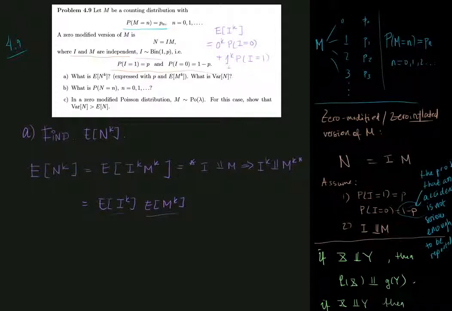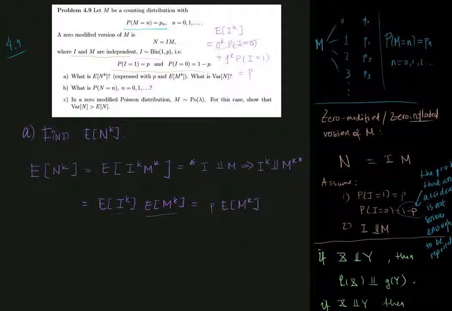It cannot take any other values, so we don't have to add any more terms to the sum. This is just 0, and what we get is that the kth moment of a Bernoulli distributed random variable is just 1 multiplied by its success probability p. Hence, this is just equal to p multiplied by the expected value of m to the k.